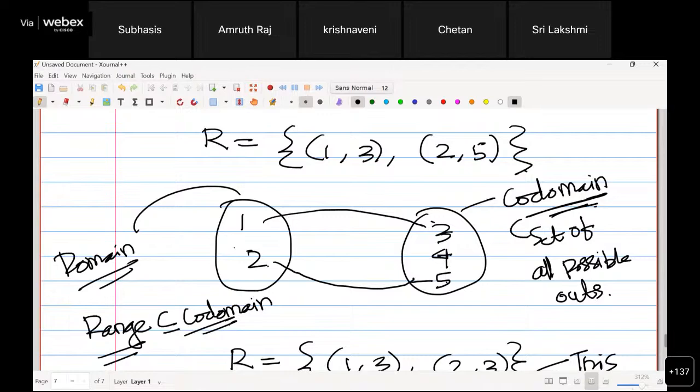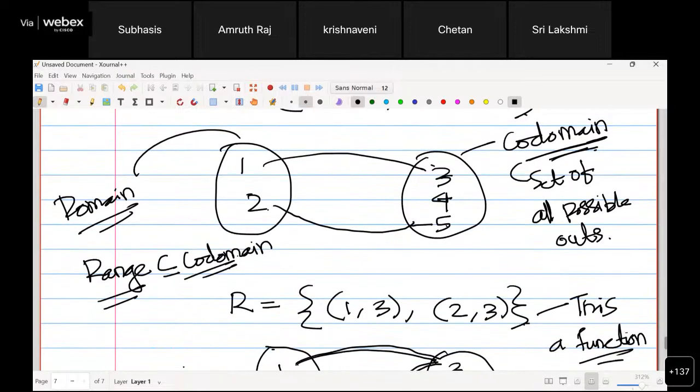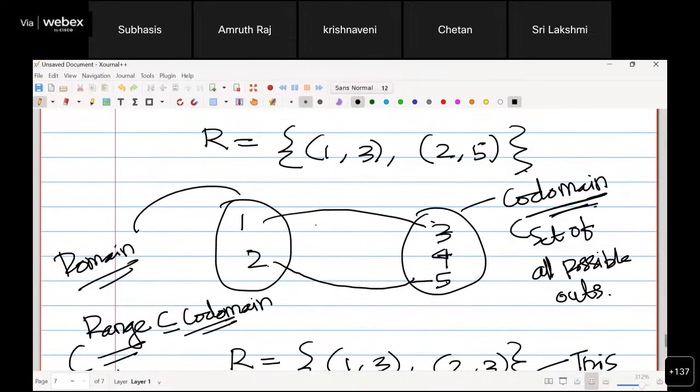The range is the set of all actual outputs. For example, if I take this function, what are the actual outputs? 3 and 5.